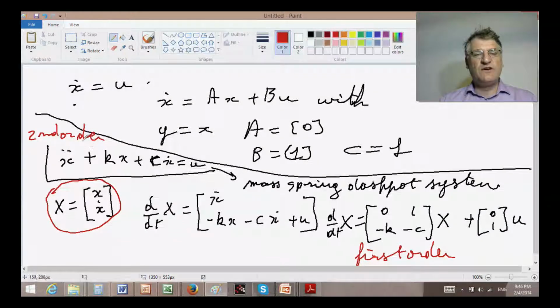Why do you call this one second order? Because we see second derivatives of the variable involved appear. Here, we see only first derivatives of the variable involved appear, but of course the variable contains both an x and x dot. So that is the state of the system. x is the state of the system, and the resulting differential equation is first order. Let's look at other examples.